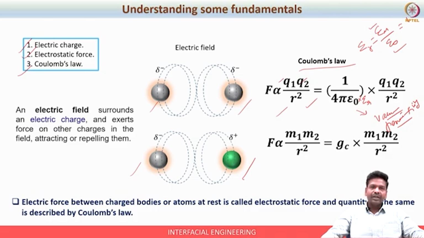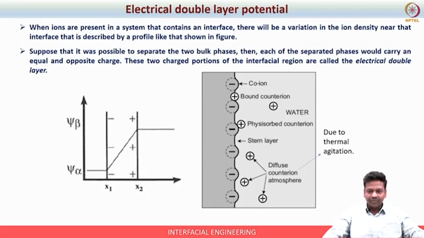So, irrespective of whether you are dealing with vacuum or a medium, you need not worry. You can always use the generalized proportionality constant, 1 by 4 pi E naught ER. Whether you deal with a medium or a vacuum, it takes care of itself.